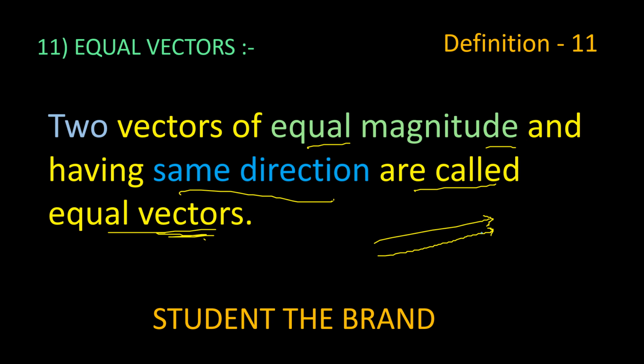In one direction only it is showing, right? Those are called equal vectors.